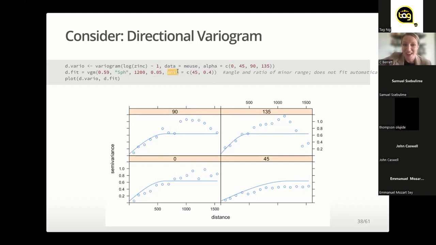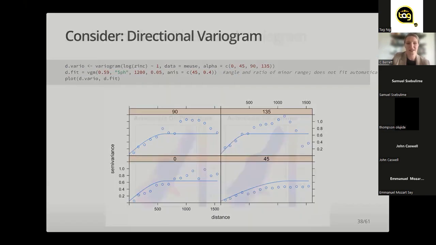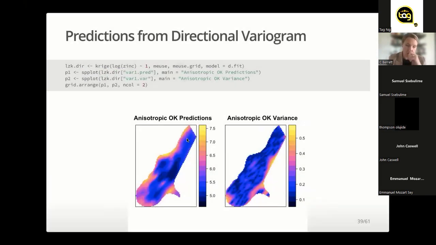Then the anis here means the anisotropy, meaning not isotropic, or how we're going to make these variograms not isotropic. It doesn't automatically fit it, so I just used this definition for the covariance, and we'll predict again for those values. Again, I've gone back just to the constant mean structure just so we can compare.